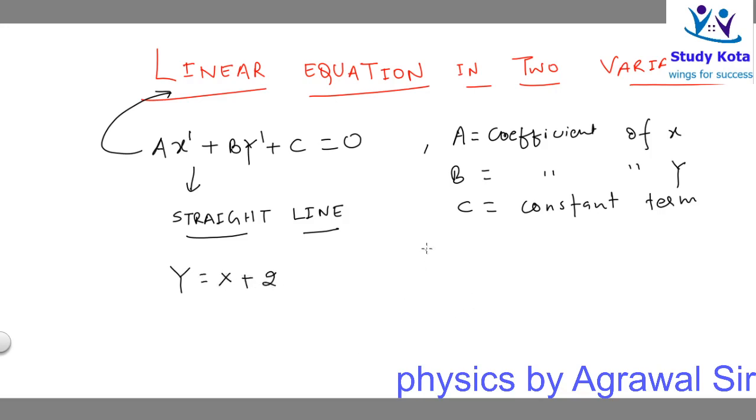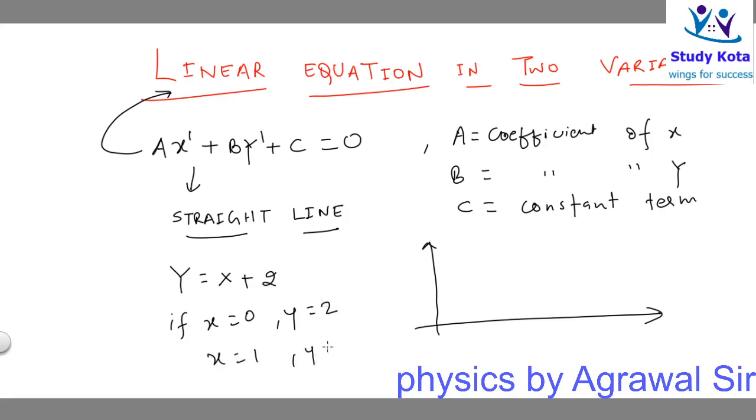When we draw this, the points which satisfy the equation: if x is 0, you will get y equal to 2. If x equal to 1, you will get y equal to 3. If x equal to 2, y is equal to 4. So when we draw it, the first point is 0 comma 2.